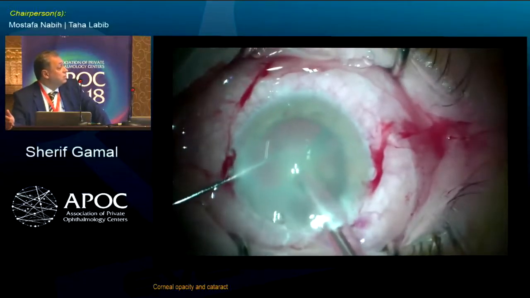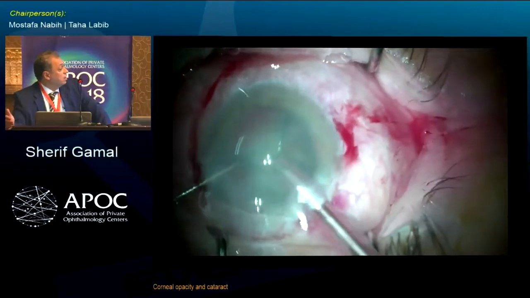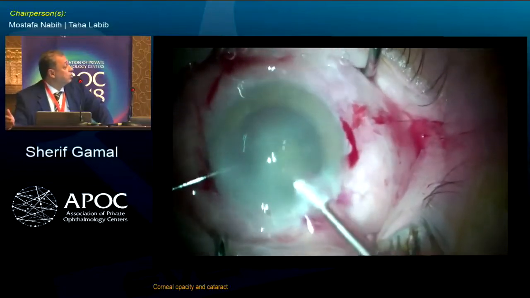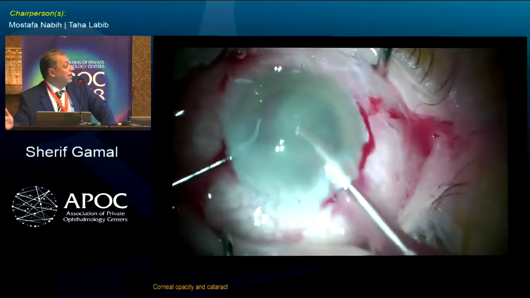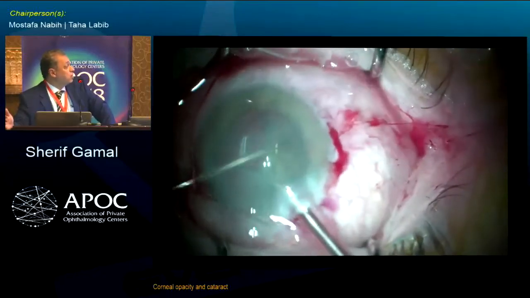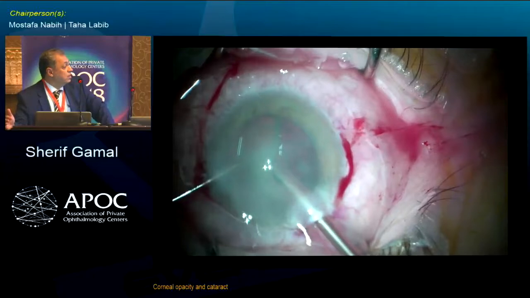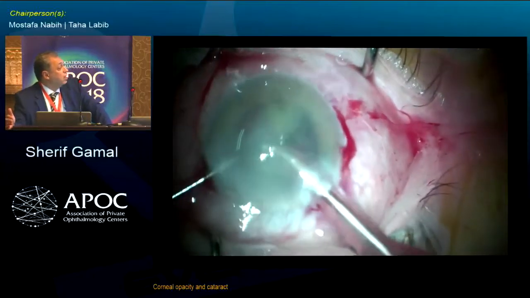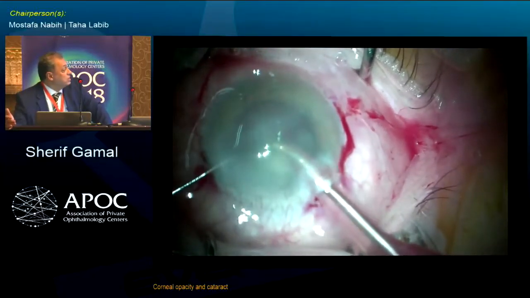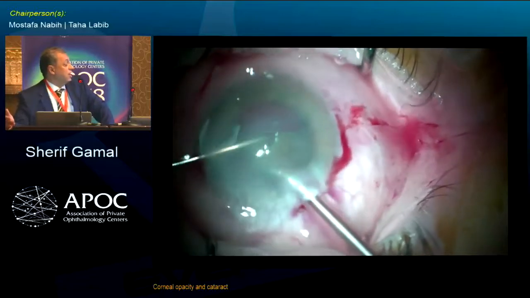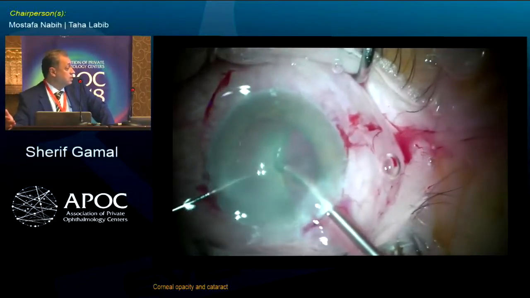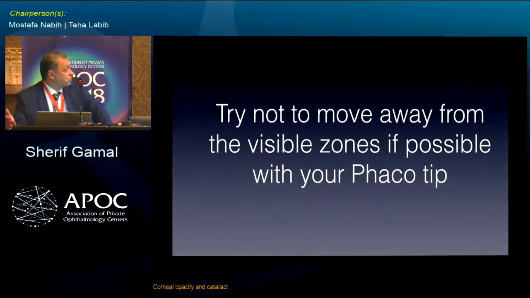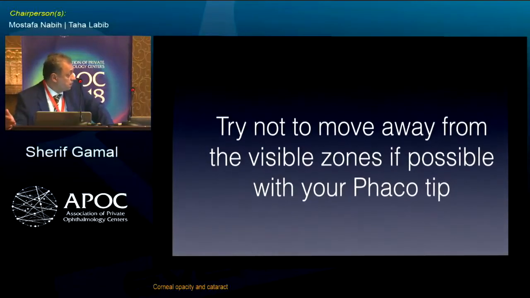So you might even hinder your capability of seeing well while doing the phaco. You see here, I lost my red reflex, and again I have to do my phaco inside the safe zone. I don't want to venture anywhere around or beneath the iris or near the edge of the posterior capsule. So I'm trying to bring all the lens fragments, and of course doing a quick chop is good here.